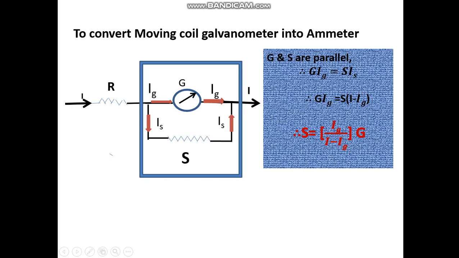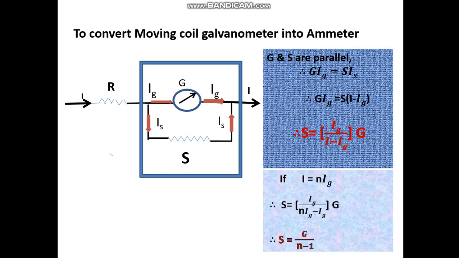Therefore, G·IG is equal to S into (I minus IG), because as we can see, the current I gets divided into IG and IS. Therefore, the shunt required is given by the equation S is equal to IG upon (I minus IG) into G. If I is equal to N into IG, we can substitute this equation and get S is equal to G upon (N minus 1), where N is equal to I upon IG.